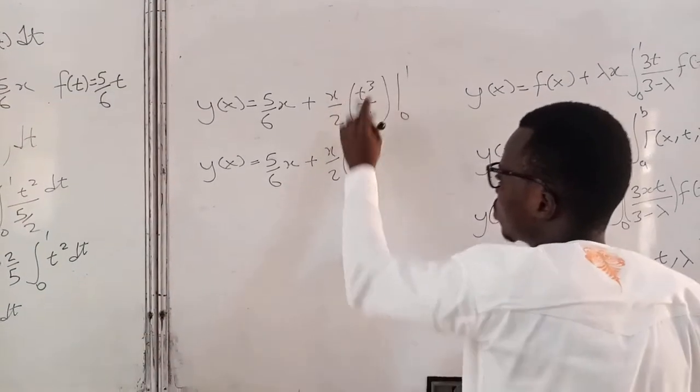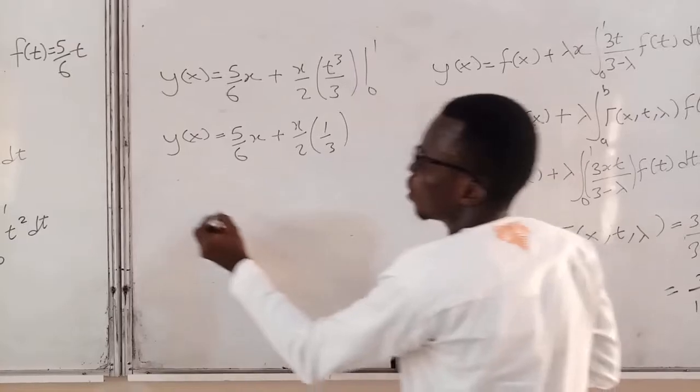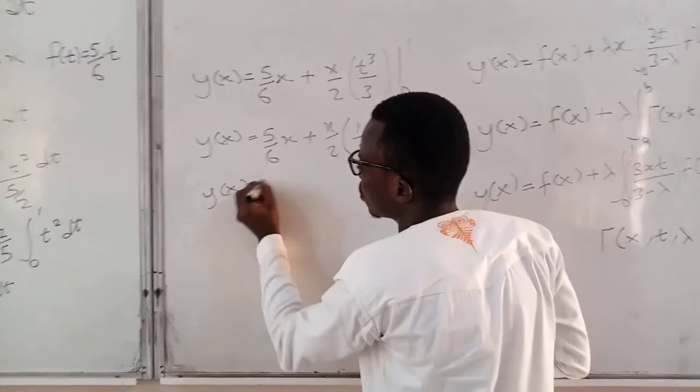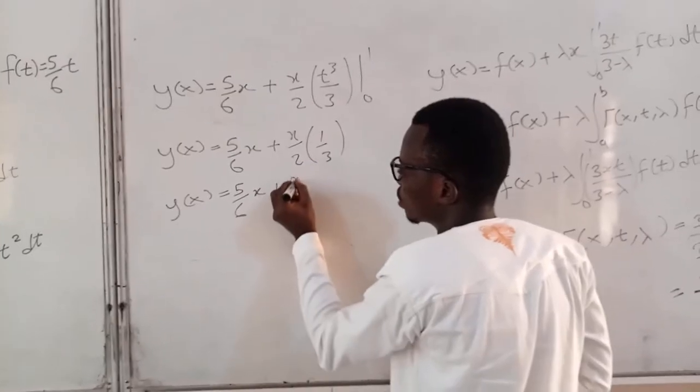So our equation becomes y of s equals 5 over 6 s plus s over 2 times 1 over 3. So y of s is the same as 5 over 6 s plus s over 6.